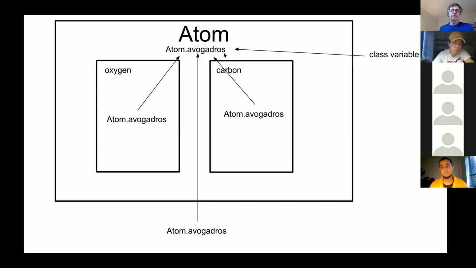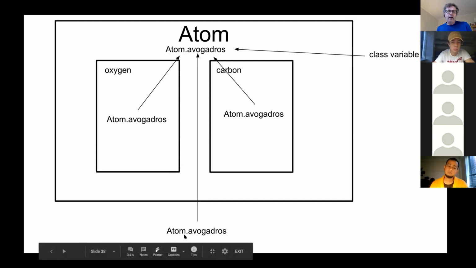I can refer to this variable inside of my objects. If I say atom.avogadro's inside of an object, I'm referring to this single variable that all the objects share. Also, outside of the object, I can refer to that variable exactly the same way.